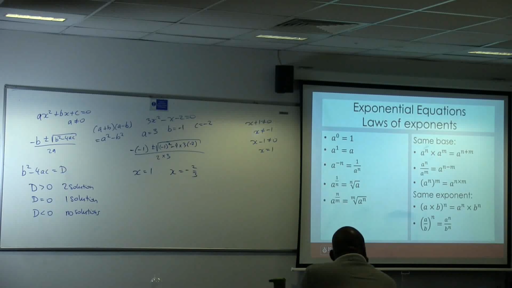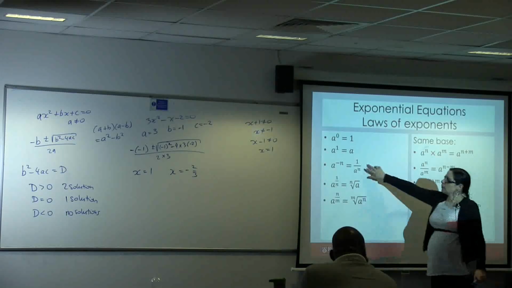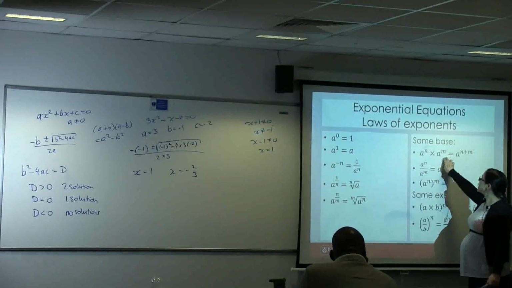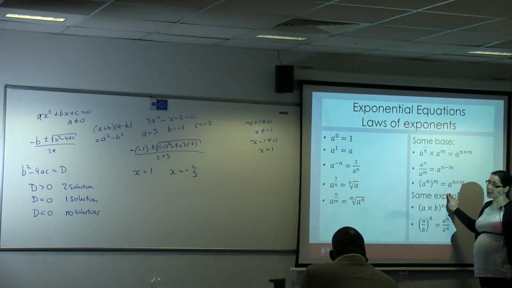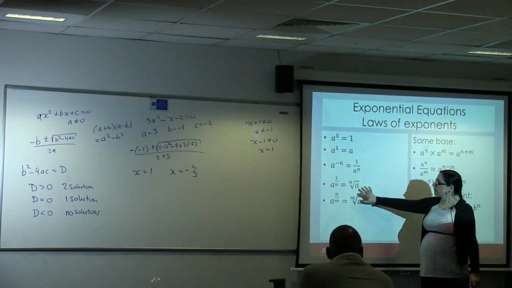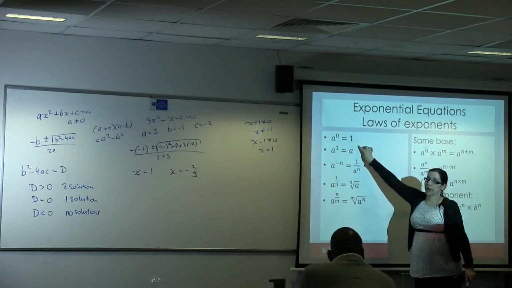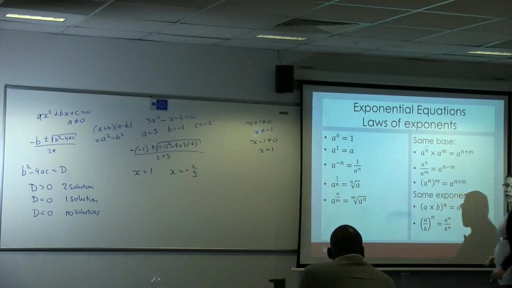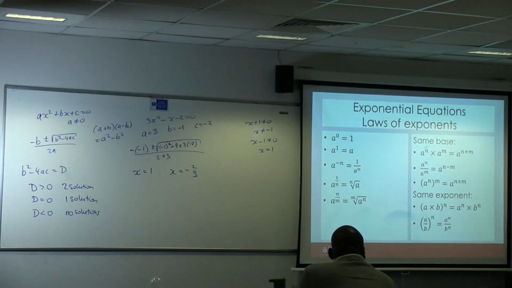Now, from about here, this one you can prove, and these ones can be proven quite easily. So these are laws. These ones are more or less equivalences, but these ones are definitely definitions. As long as you remember them, solving exponentials is easy peasy.